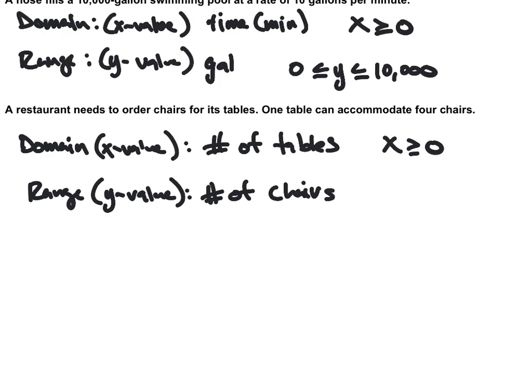The range would be Y is greater than or equal to 4. Okay, well, let's go to 0. Y is greater than or equal to 0 because, well, if you order 0 tables, you're going to order 0 chairs. If you order 1 table, you're going to order 4 chairs. 2 tables, you're going to order 8 chairs. And so that's the idea, all right, between those.